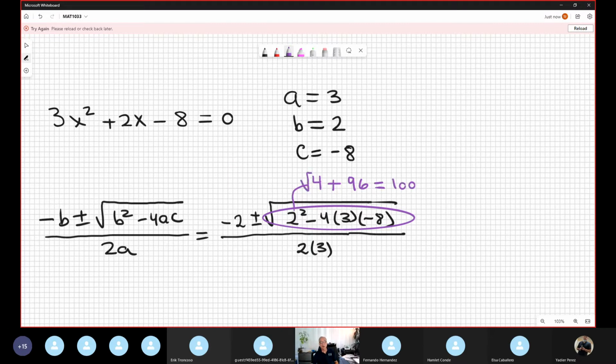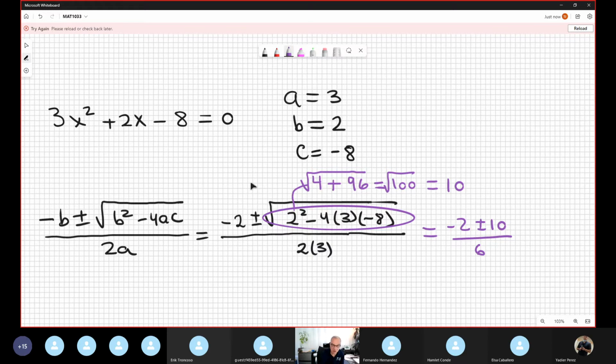And the formula has a square root after that. Now the order of operations is b squared, then you multiply 4ac, subtraction or addition, depending on the sign. Now, you apply the square root: 10. Now we have so far minus 2 plus or minus 10 over 6, which is the multiplication 2 times 3.